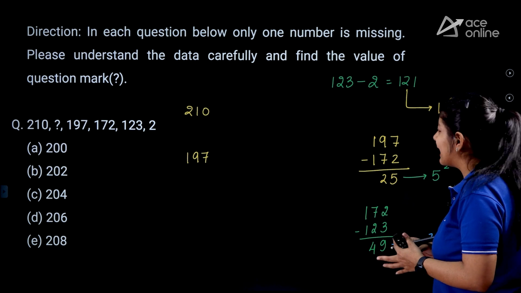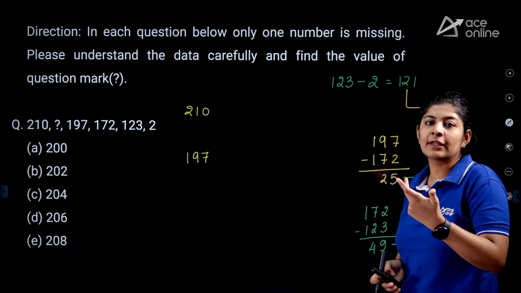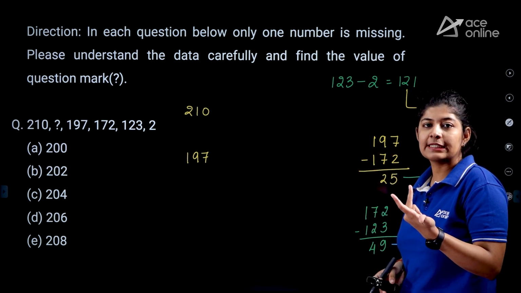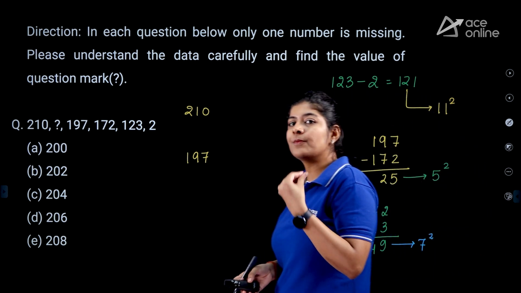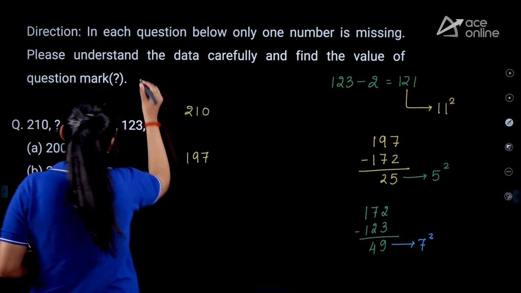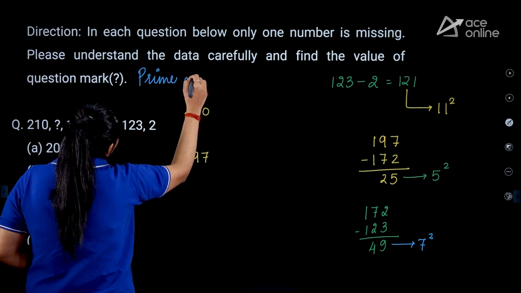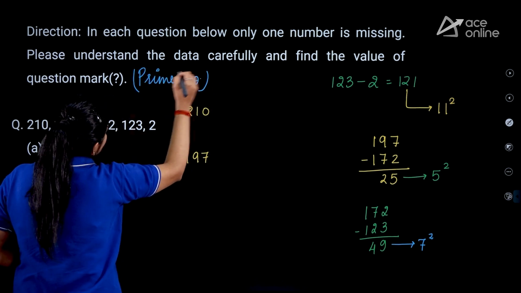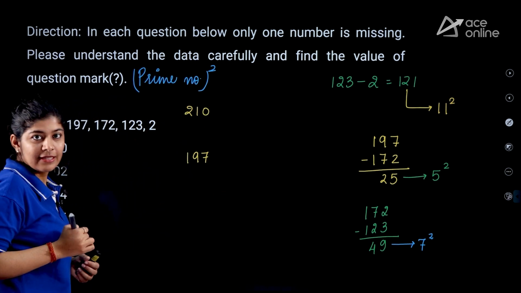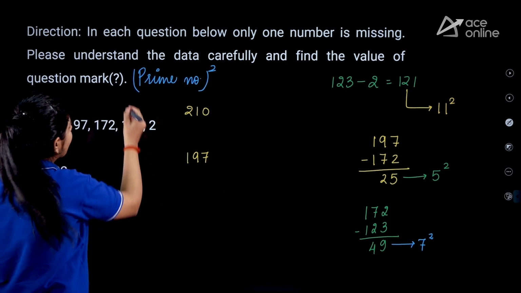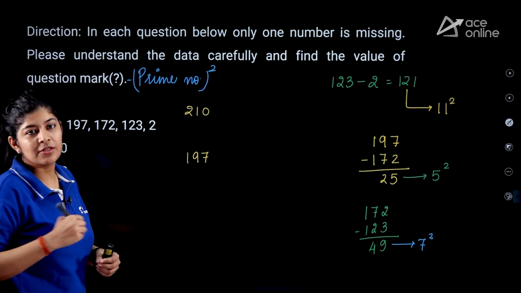So we can't say that there is a pattern of odd number squares. But if I observe all the numbers carefully, here I am getting a pattern of prime number squares. What we are doing is just subtracting the prime number squares.